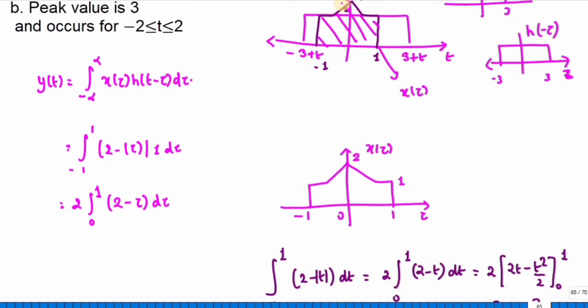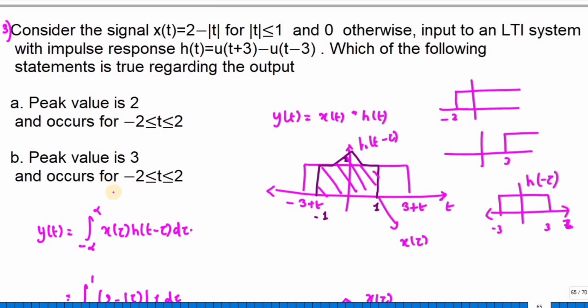So I can solve and get the answer as 2 into 2 tau minus tau square divided by 2, from 0 to 1. So 2 into 2 minus 1 by 2, that is 3, right? On the intersection values from -1 to 1, right?